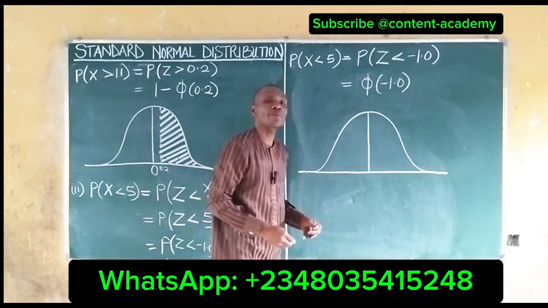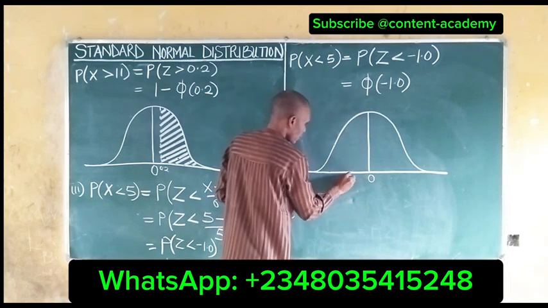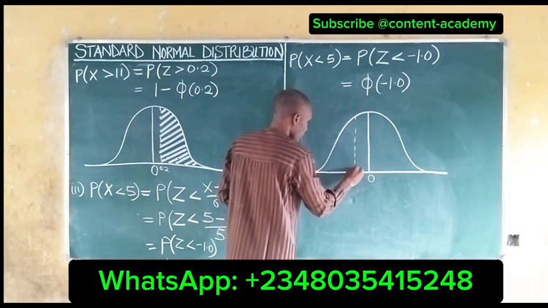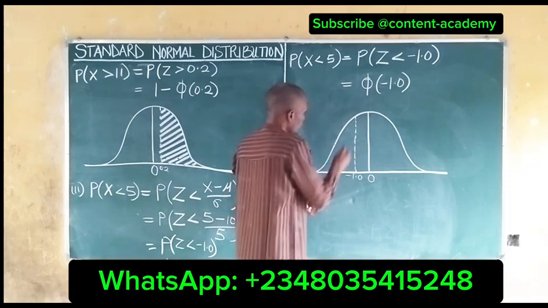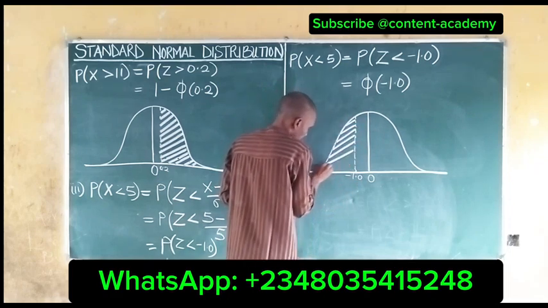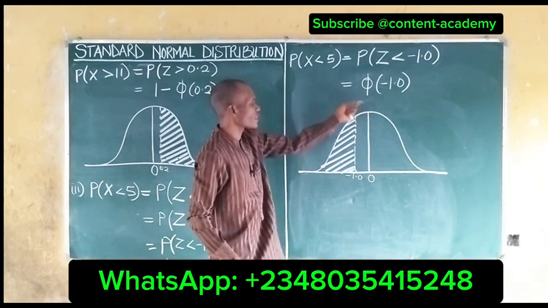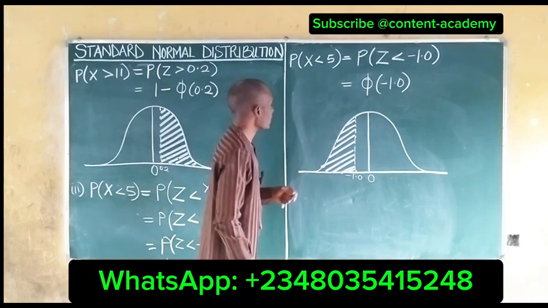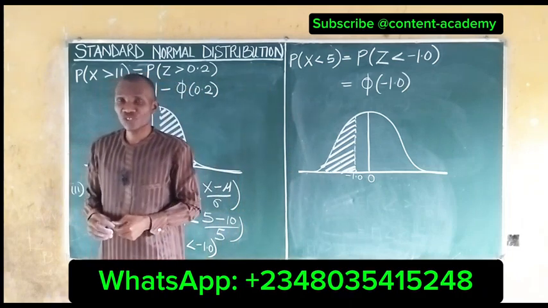Where is negative 1.0? This is 0, of course. Negative 1.0 can be somewhere here. So our shaded portion can be drawn like this. When we have this, our shaded portion will always go to the negative or the left-hand side. So this is simply how we can compute the probabilities for the normal distribution.